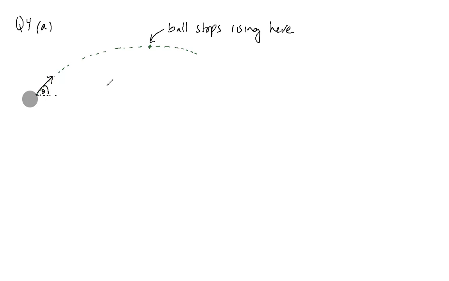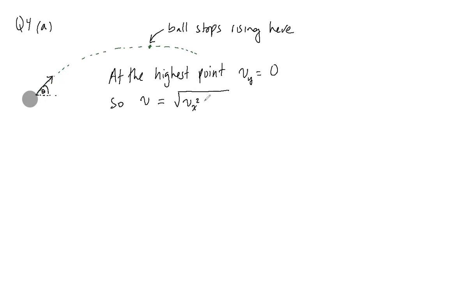So at the highest point, Vy is equal to 0. And so V, which is equal to the square root of Vx squared plus Vy squared, is smallest.